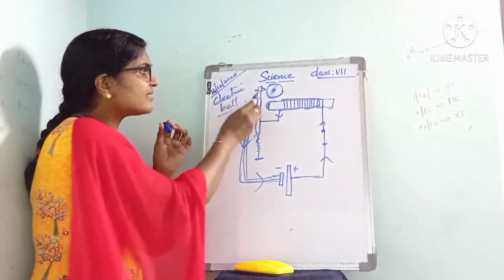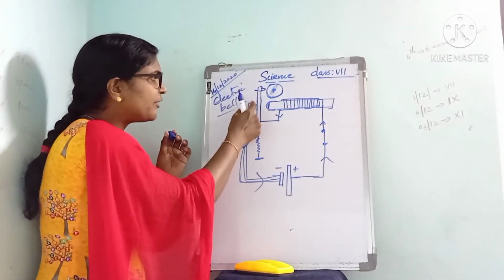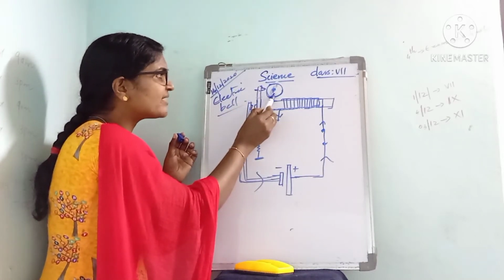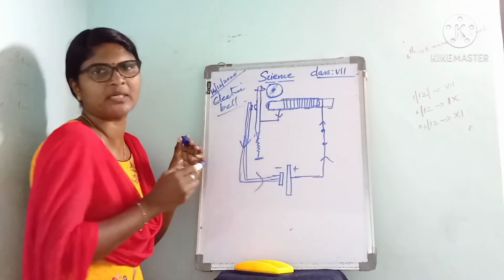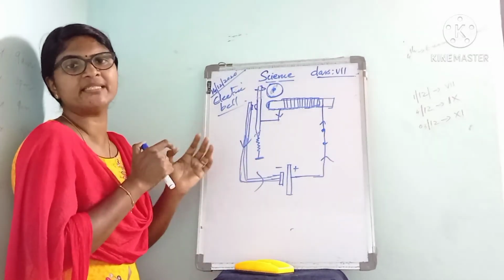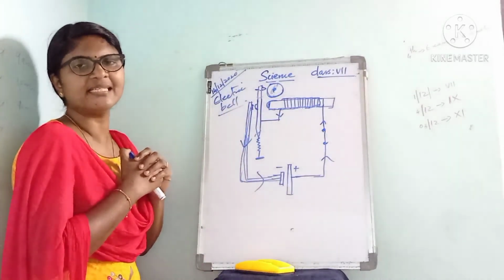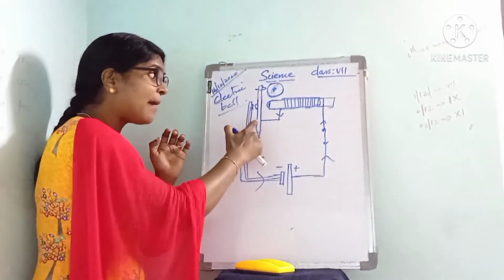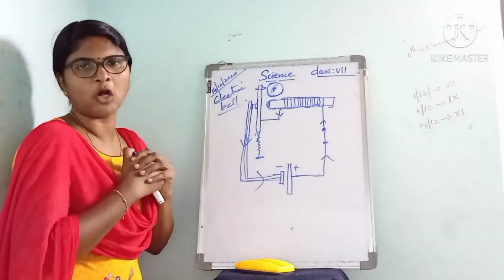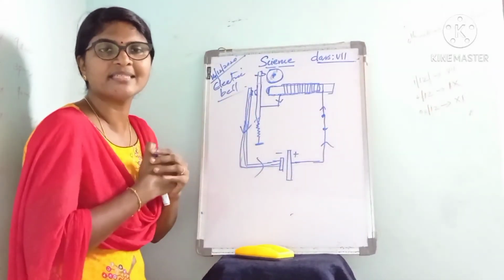As the hammer moves towards the bell, the circuit is broken. The electricity stops flowing through it, so the coil loses its magnetism.